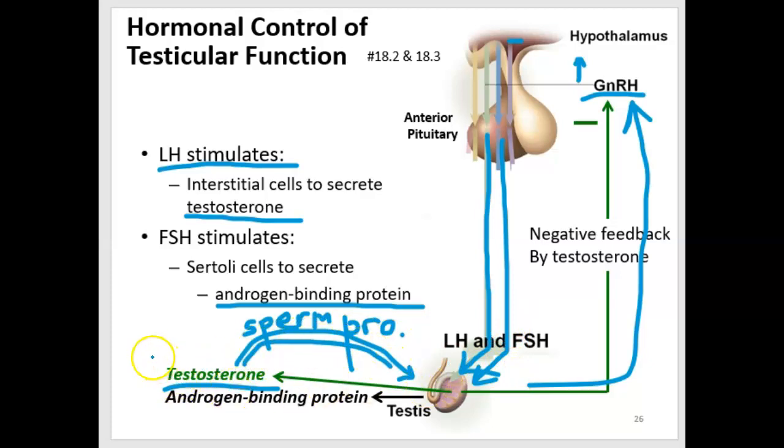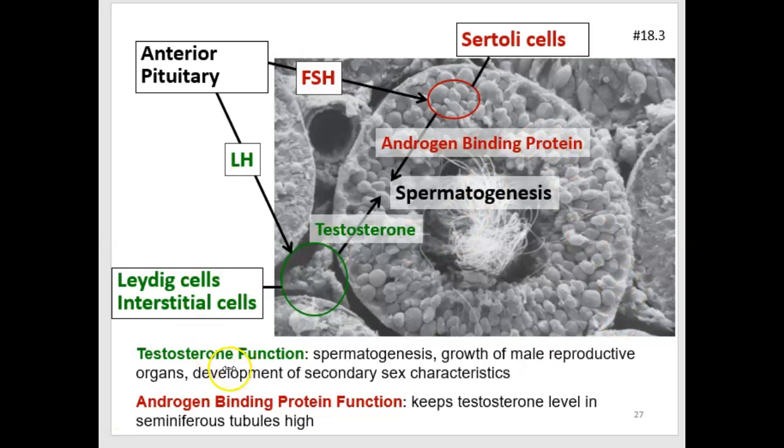A minimal amount of testosterone will still be produced and stay local. So this picture, again, it's very similar to what you've seen already, is just a depiction of the importance of androgen binding protein in keeping testosterone localized so that spermatogenesis can happen and not all of the testosterone leaves and goes into the bloodstream.